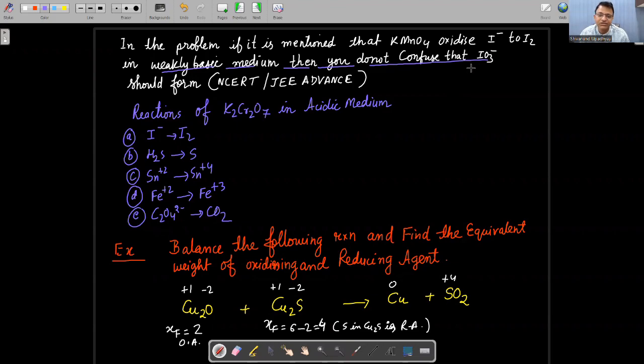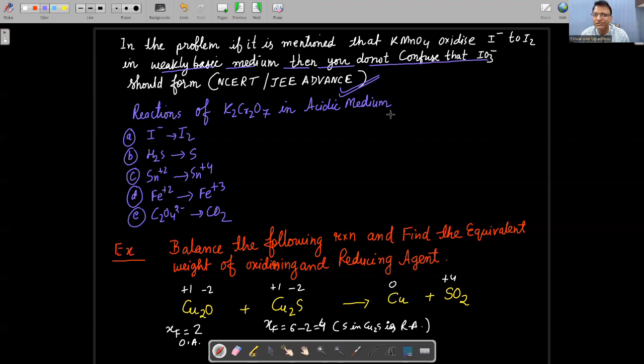Balance the reaction. So if in the question they are saying that I- is converted into I2, they are not asking what will happen to I- in weakly basic medium. If they are asking, then you will say that the product will be IO3-. If they are saying that this is the product, please balance the reaction. So don't confuse. In JEE Advanced, this question came, which is given in NCERT, and in the question they are saying that I- is converted into I2.